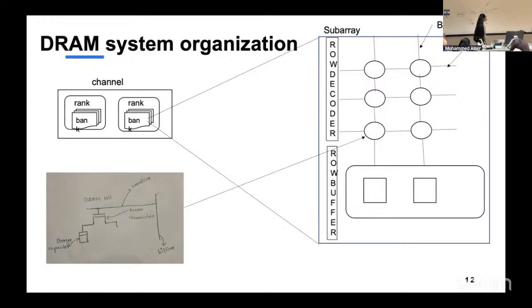To see how this works, each cell has a capacitor and an access transistor. So when the word line activates, it passes the command to the access transistor, which gives permission to the bit line.